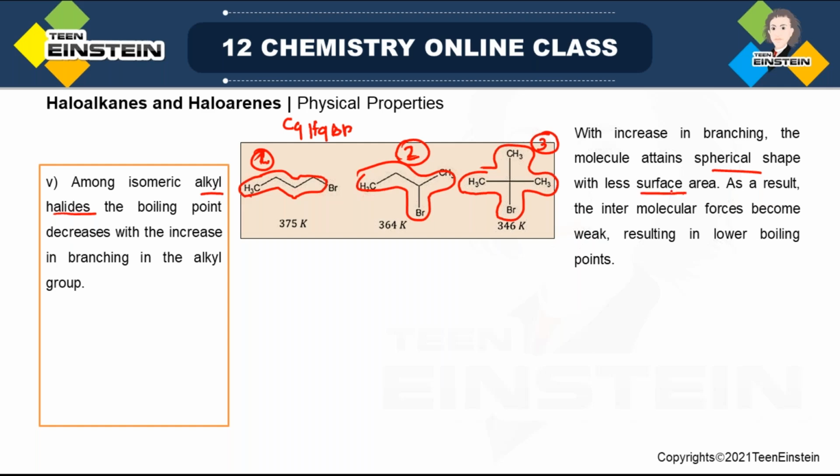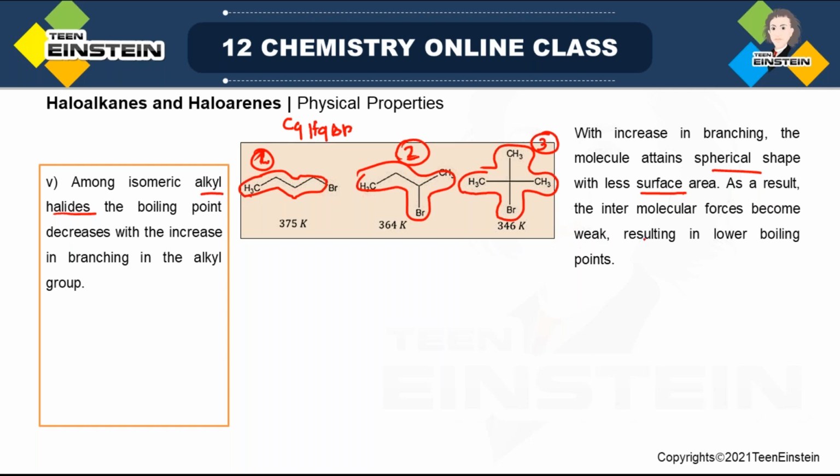Because keeping the volume the same, if you consider any shape, only in the case of a sphere is there minimum surface area. So that is why, when we are moving from 1 to 2 to 3, as it is becoming more and more spherical in nature, its surface area is very less.